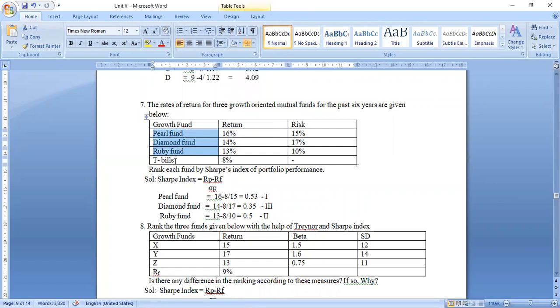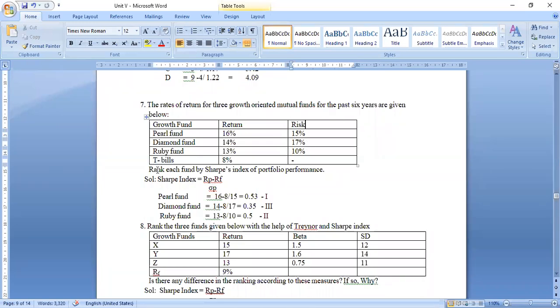Now when they have given treasury bills, it is nothing but the risk-free rate of return, or if they have given government securities, all these are risk-free rate of return. Now here we are having return as 16% for Pearl, for Diamond 14, Ruby 13, and this is the risk. Whenever they give just the name risk, it means it is standard deviation. If the risk has to be calculated in terms of beta, then they will clearly give the beta values. So when it is risk, it means it is standard deviation.